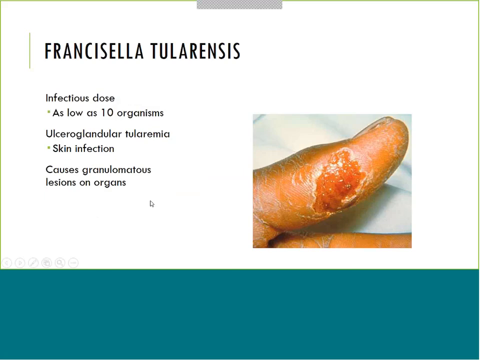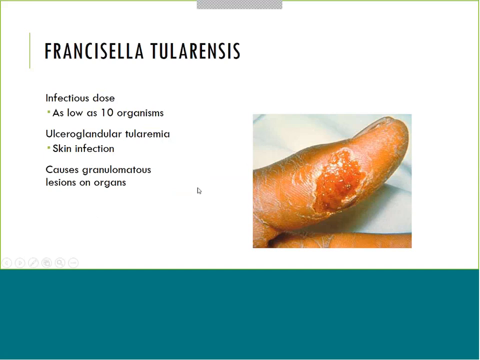This causes nasty little lesions. It can cause them on the skin, and that would be called ulceroglandular tularemia, which you see here on the thumb, that skin ulcer. But it can do the same kind of thing on the organs inside the body. It can cause lesions and damage to your organs, like your liver and heart.